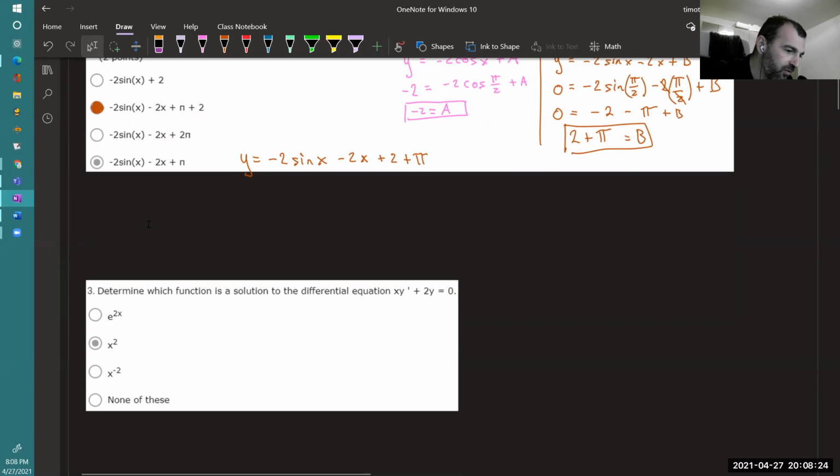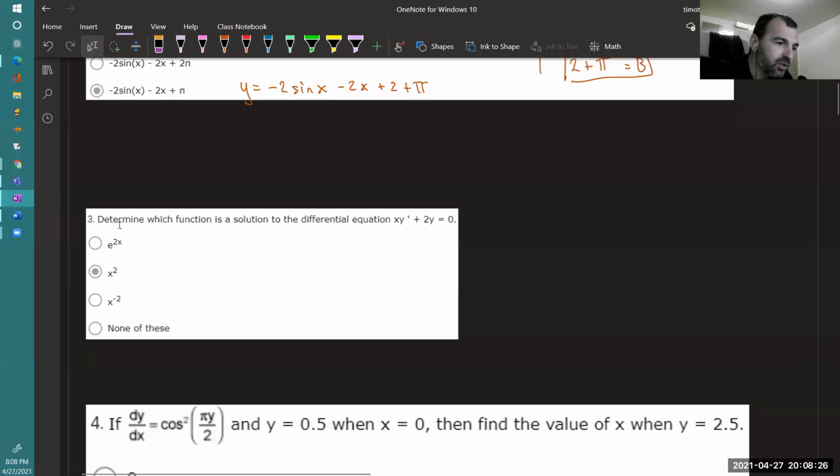So determine which function is a solution to the differential equation. Here, I'm probably just going to do a plug-in. Each one of these is equal to y, right?